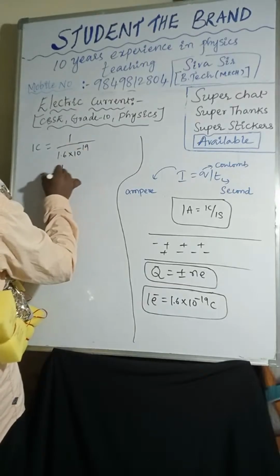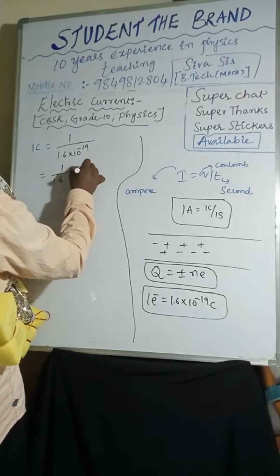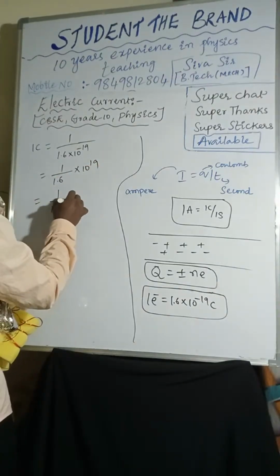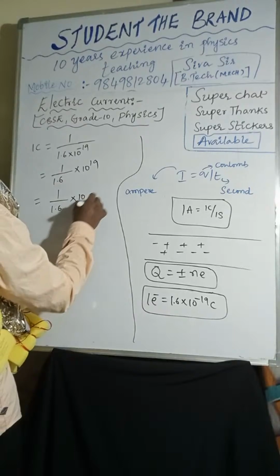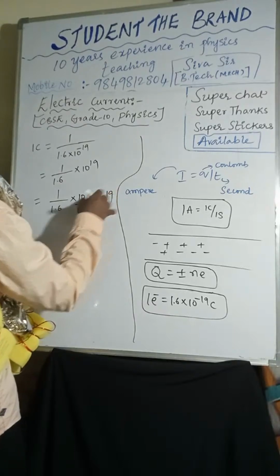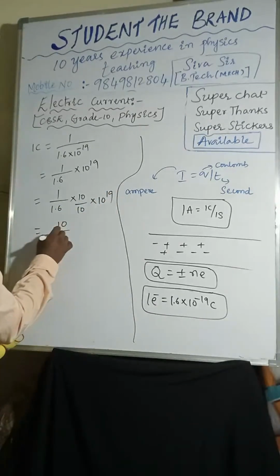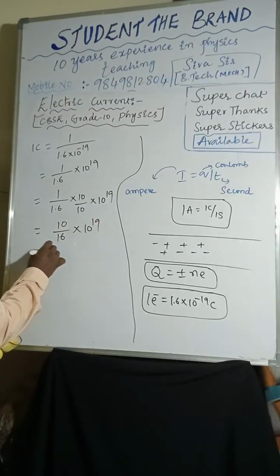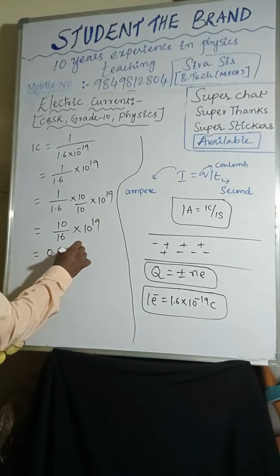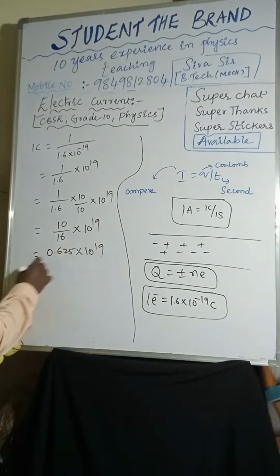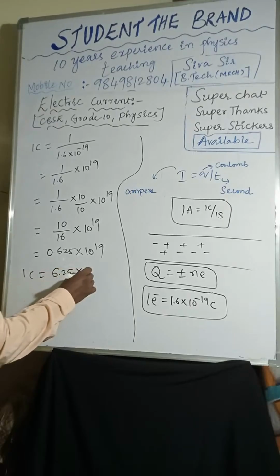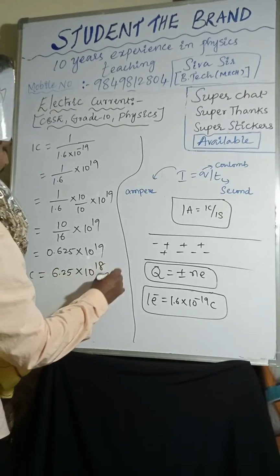So 1 by 1.6 into 10 power 19 gives 0.625 into 10 power 19. Then in 1 coulomb, 6.25 into 10 power 18 electrons.